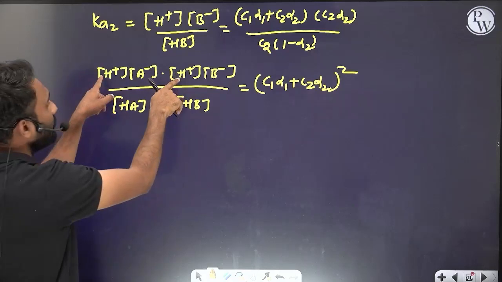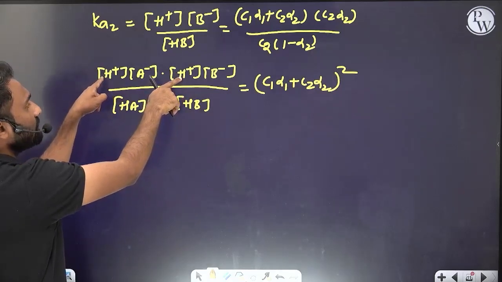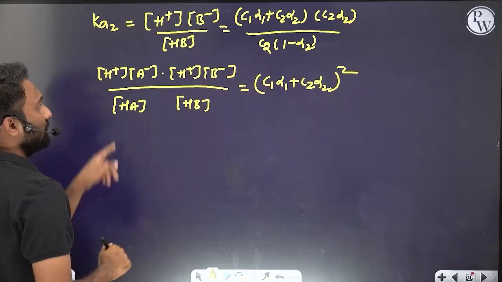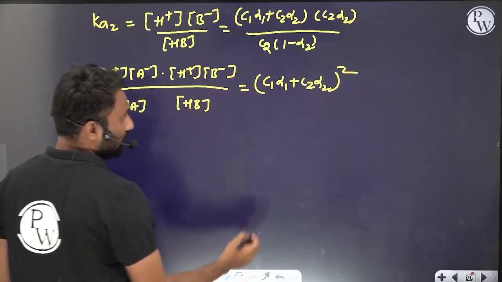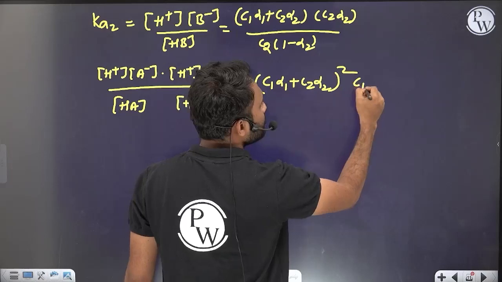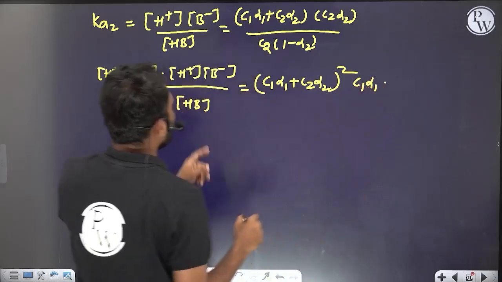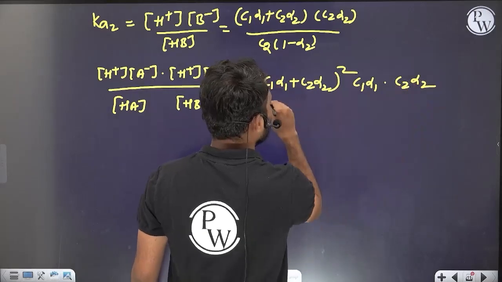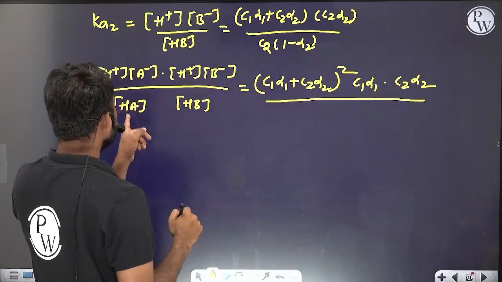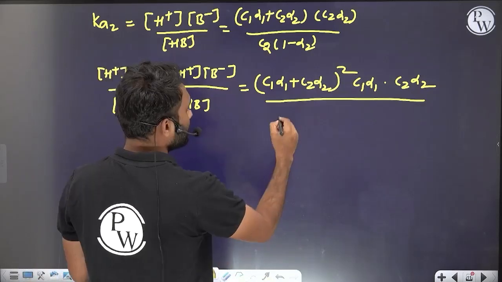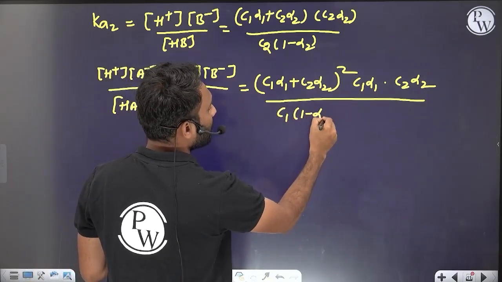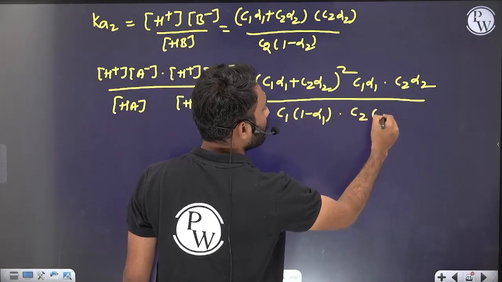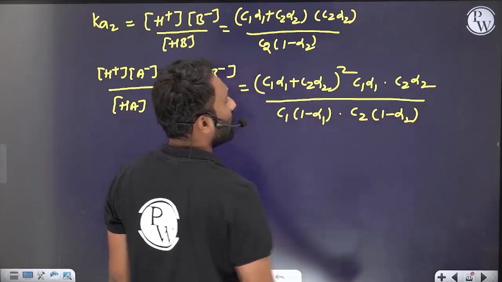Because here, see, there is one H plus ion concentration here and one H plus ion concentration here, that is why I have squared it. The concentration of A is C1 alpha 1, the concentration of B is C2 alpha 2, divided by the concentration of HA, which is C1 (1 minus alpha 1). Now the HB concentration is C2 (1 minus alpha 2).